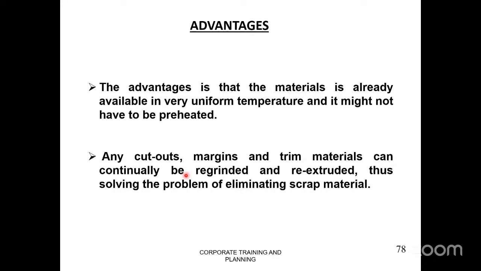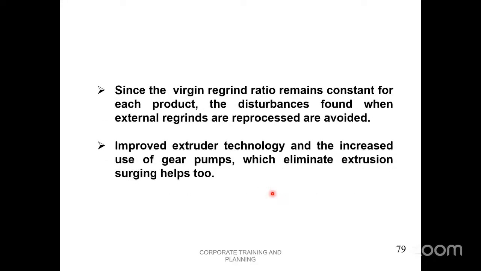Any cutouts, margins, and trim materials can continually be reground and re-extruded, thus solving the problem of eliminating the scrap material. Yes, while forming the sheet, you know that web, a side scrap is gathered, and that side scrap you have to cut again and reuse.